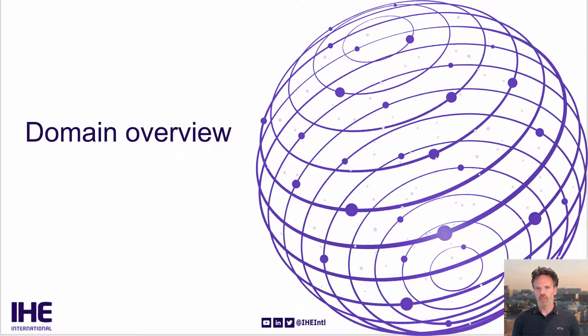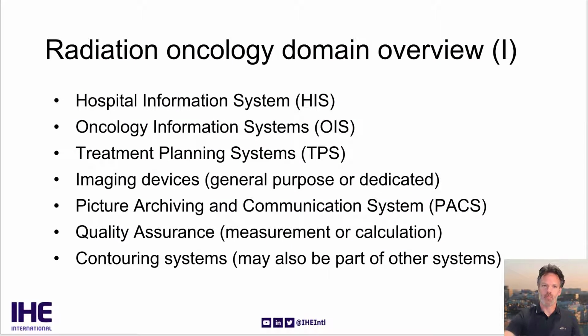Now, an overview of the radiation oncology domain. As I mentioned, there's a bunch of complicated systems involved. There's actually two screens of them here. First, it's the hospital information system governing everything that's generically clinical inside a hospital.